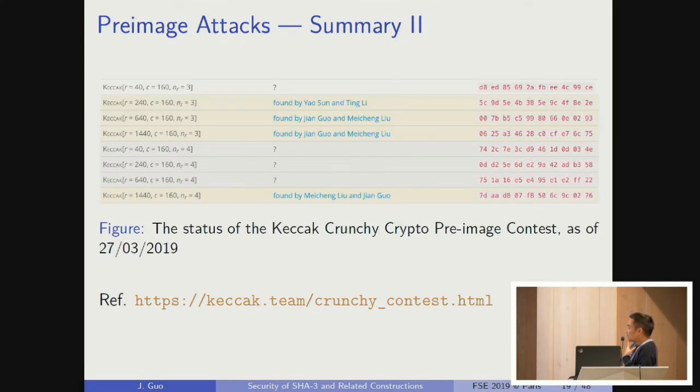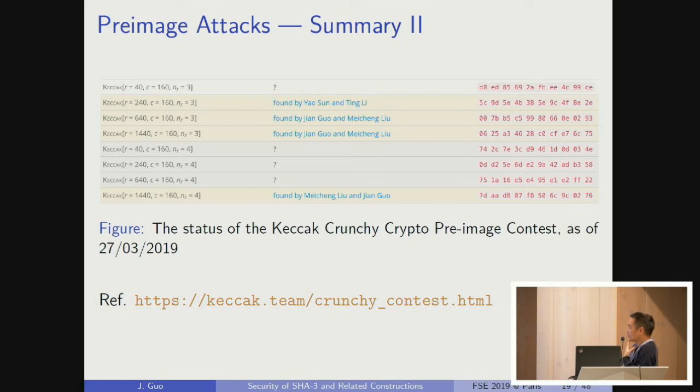And this is the status of the Keccak Crunchy Crypto preimage contest as of today. The difference is that the rate here is much bigger than the SHA-3 variants: it is 1440, and the capacity is set to 160 bits. And for this case, we can practically find the preimage for 4 rounds.